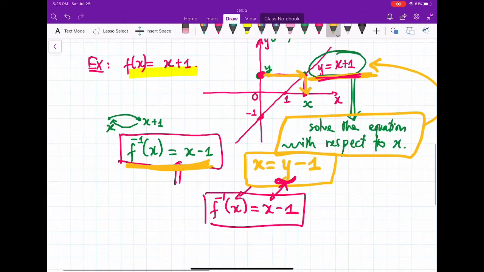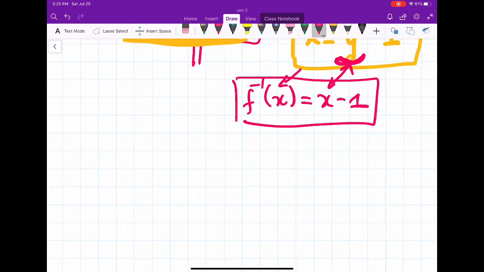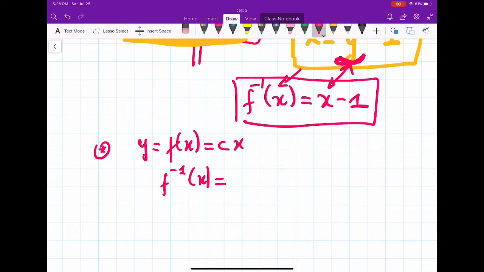Similarly, you can think about a function y equals f of x equals cx, that is multiplication, and you want to undo the multiplication. That means you want to find the inverse of this. The easiest way is to divide. Is it correct? So you might think the inverse of this function is just 1 over c times x.